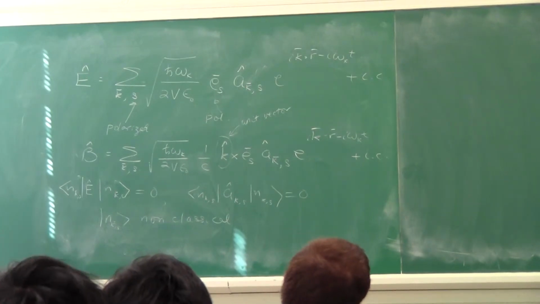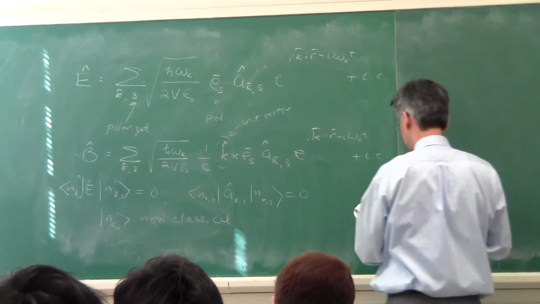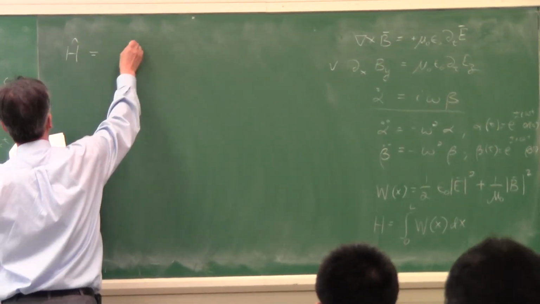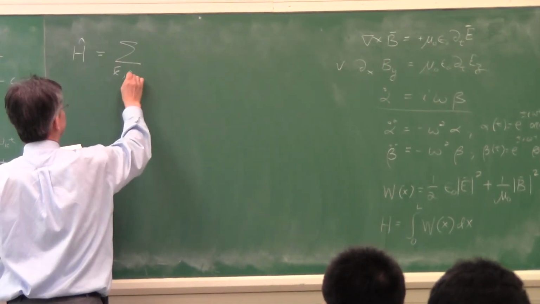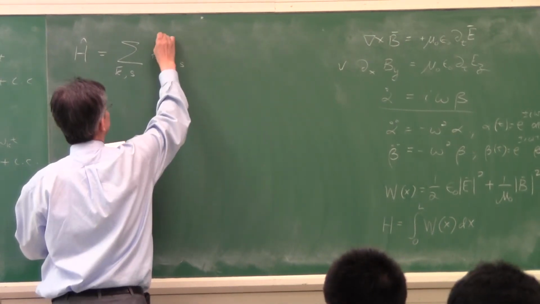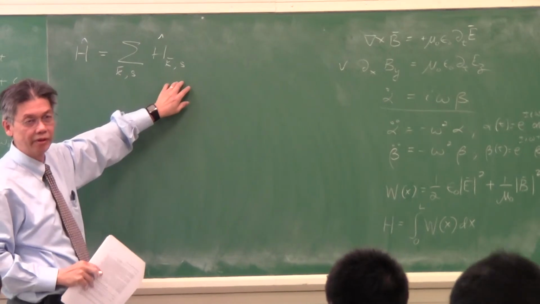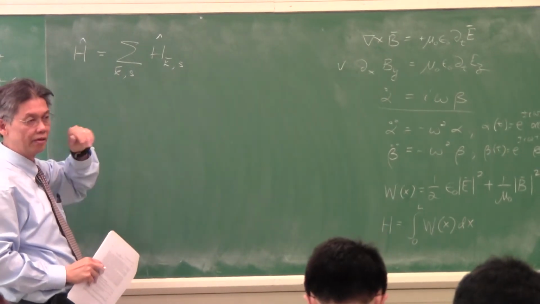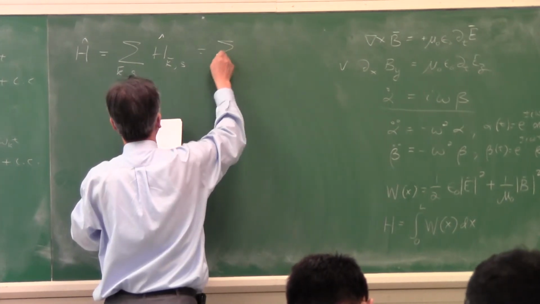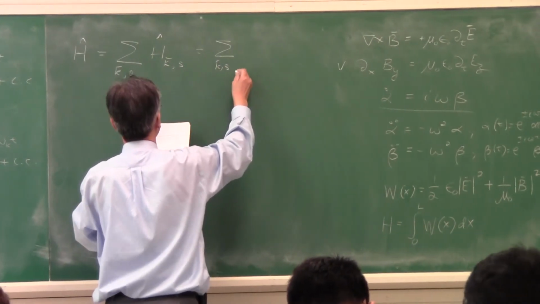Okay. Let's see. So what happens then is that the Hamiltonian for a multi-mode case will consist of the sum over the modes and the polarization. The Hamiltonian for the single mode and single polarization case, you will have to sum over all this to get the multi-mode Hamiltonian. And in general, the Hamiltonian will look something like this.